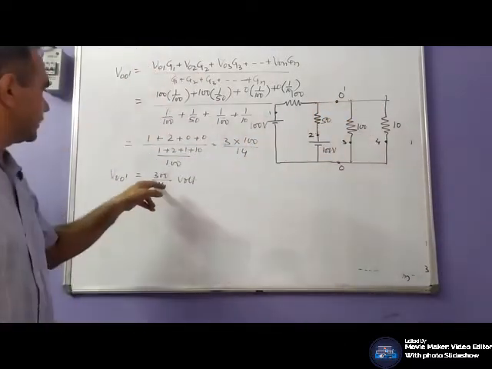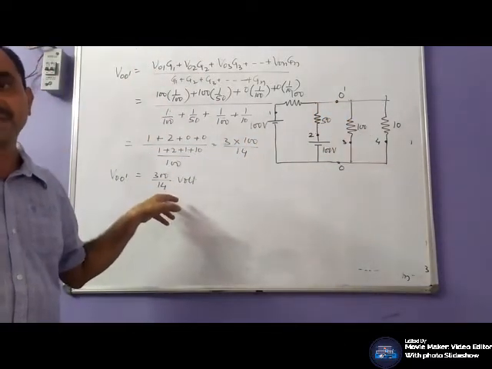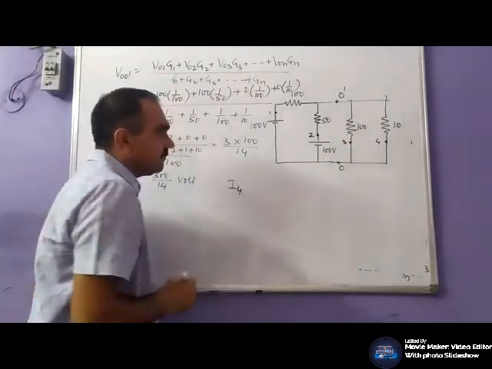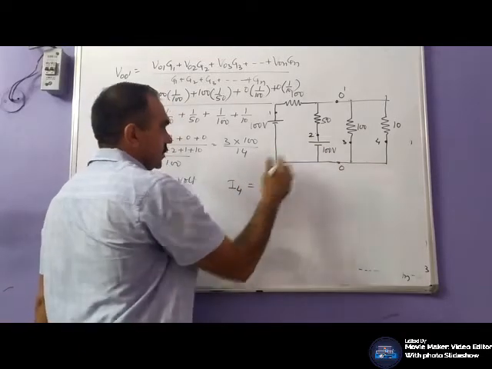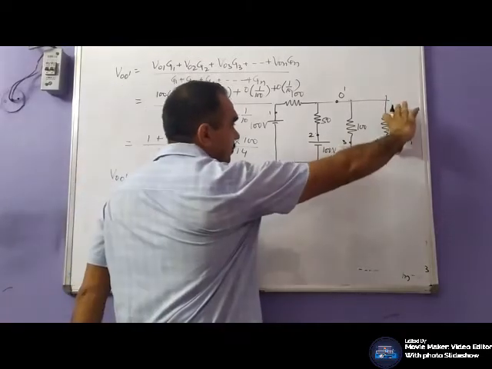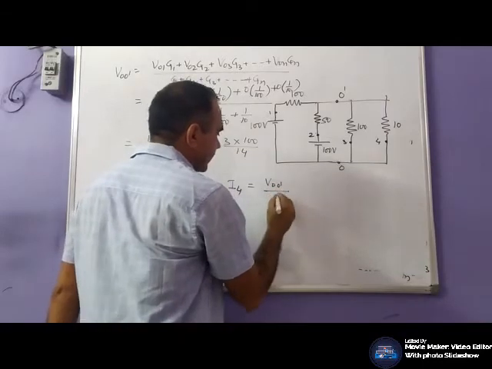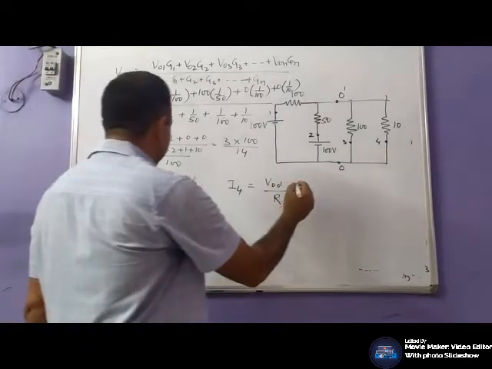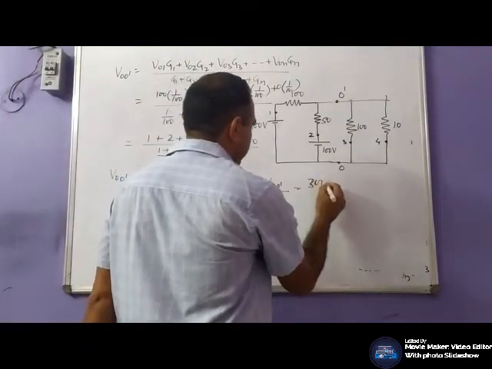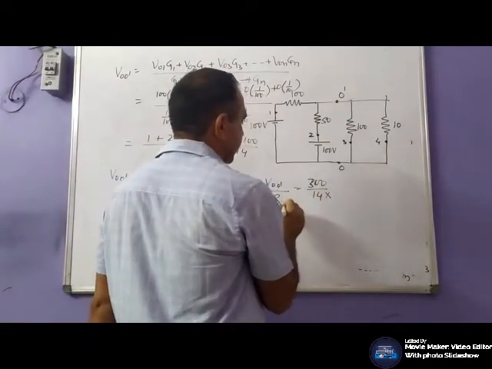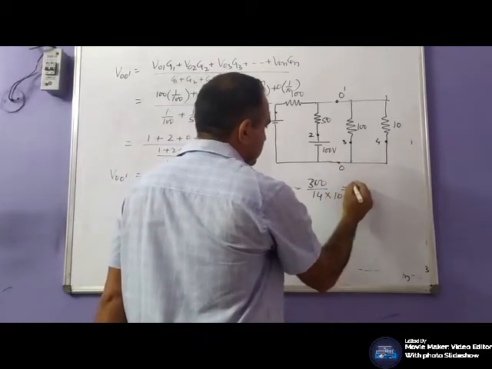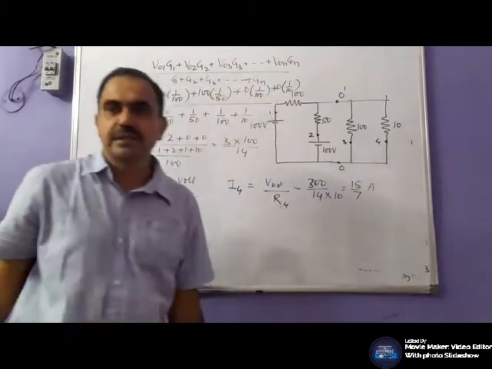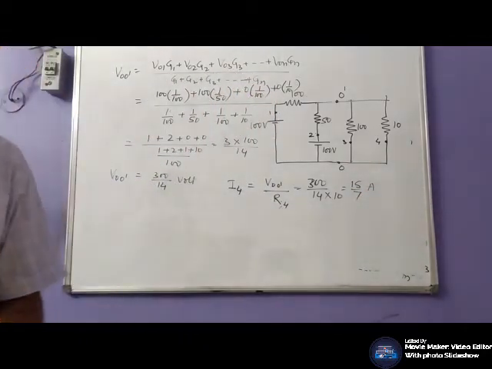If you have to find out the current I4, then it would be V00 dash, the voltage across this 10 ohm, divided by the resistance of this branch. So 300 by 14 divided by 10 ohm, it will be 15 by 7 ampere. So this theorem is simple.